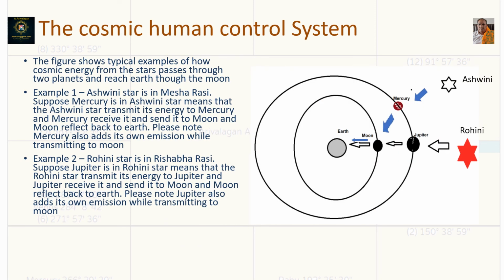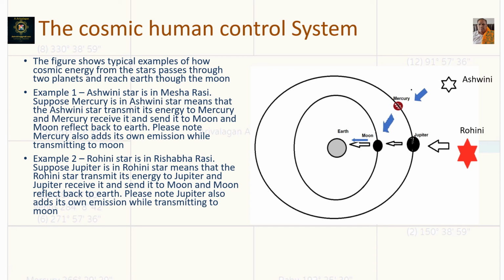So this is the last slide I wanted to explain. Here we have one important concept I want to tell: how the cosmic human control system works. Suppose we say that in our horoscope Mercury is placed in the Ashwini star. Because Ashwini, we know, belongs to Mesha Rasi, and we say that Mercury is placed in the Ashwini star. Then how does the control system work?